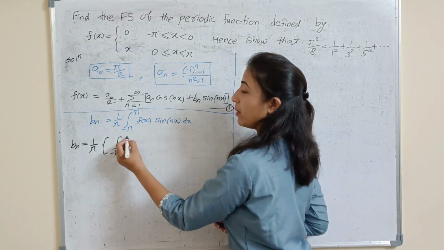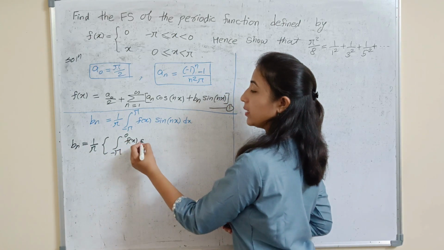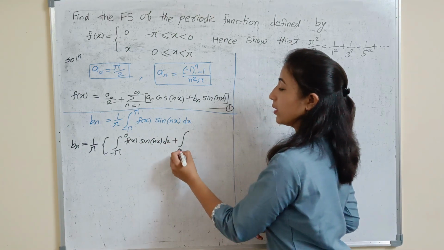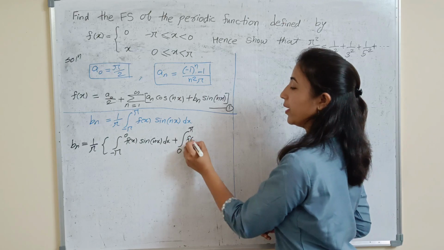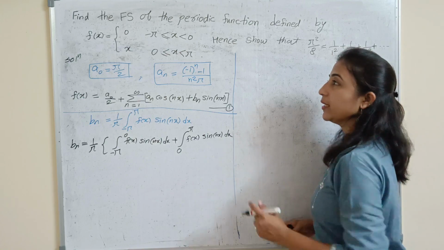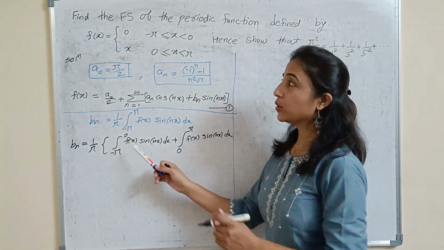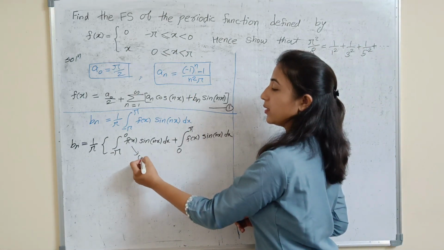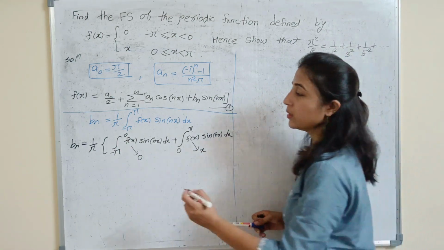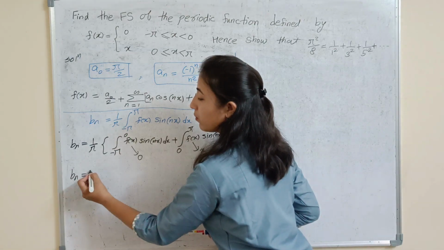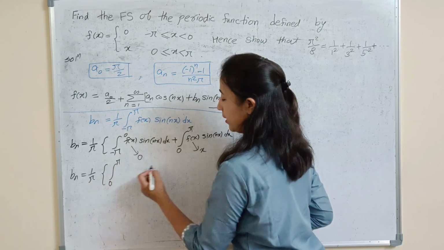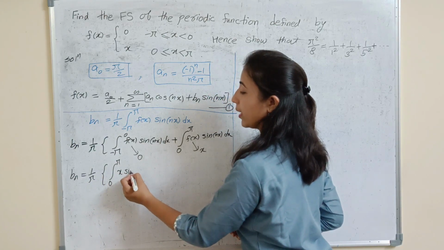Here it is minus pi to 0 f of x sine nx dx plus 0 to pi f of x sine nx dx. Now see here, from minus pi to 0, the value of the function is 0. So this integral is 0, and in the second integral we have to put x. Therefore our bn is 1 upon pi, constant outside, integral 0 to pi x sine nx dx.